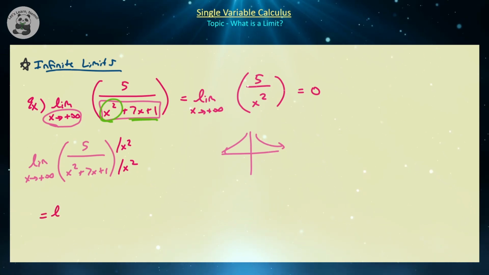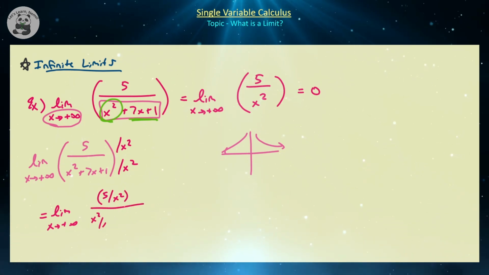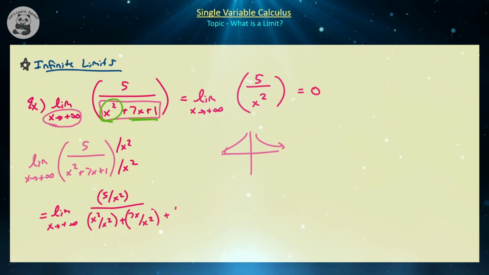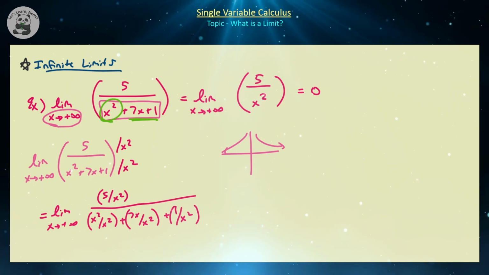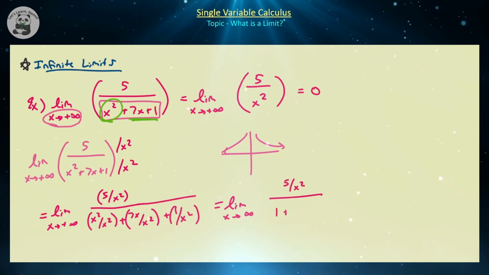So when you do that, you're going to have the limit as x approaches positive infinity of 5 divided by x squared all over x squared divided by x squared, and then plus 7x divided by x squared, and then 1 over x squared. And that's just going to be left with the limit as x approaches infinity of 5 over x squared all over 1 plus 7 over x plus 1 over x squared.